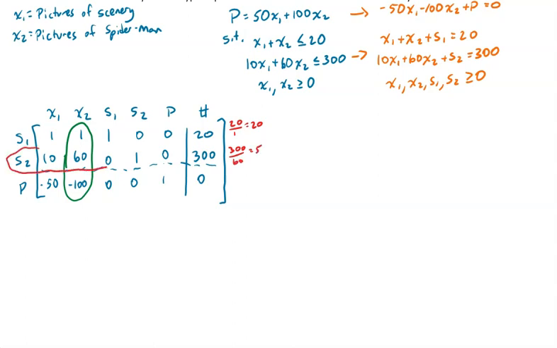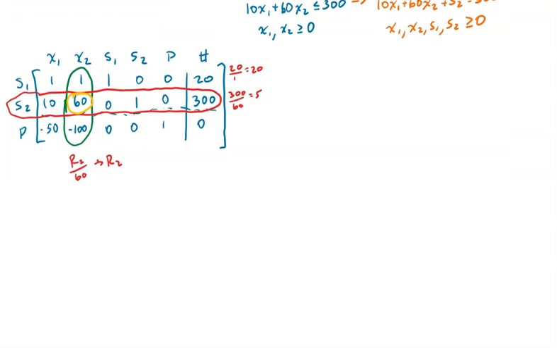So that means row 2 is going to be our pivot row, which means that 60 is our pivot. To start, we need to get that to 1. So we're going to take row 2 and divide it by 60. That will give us our new row 2.